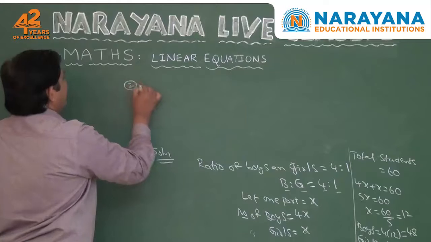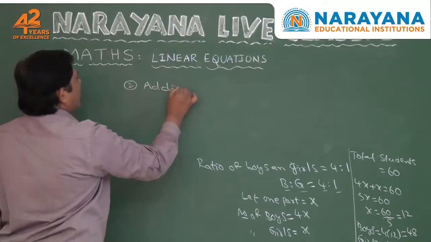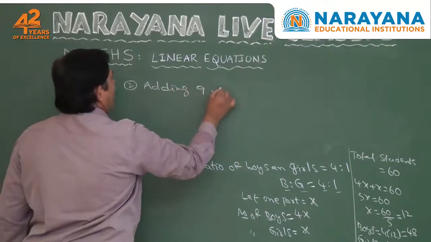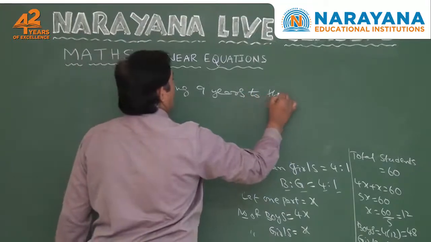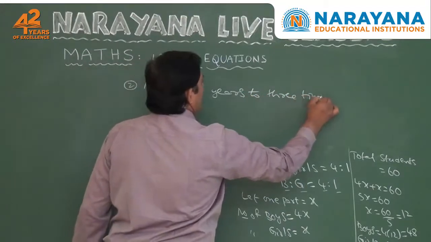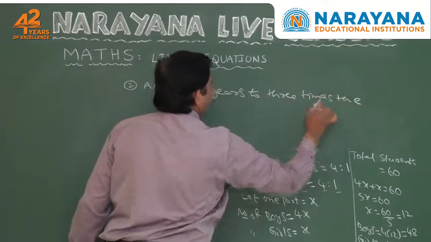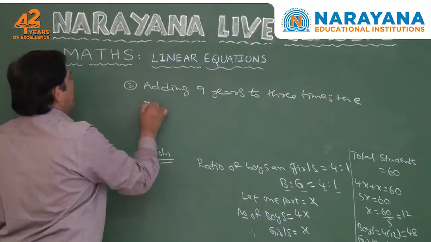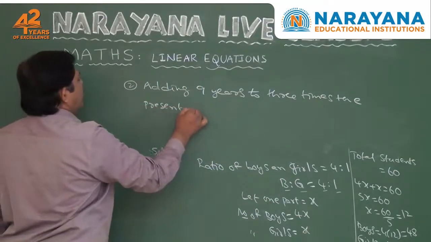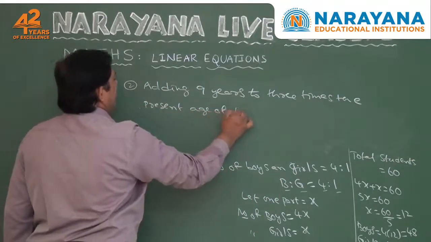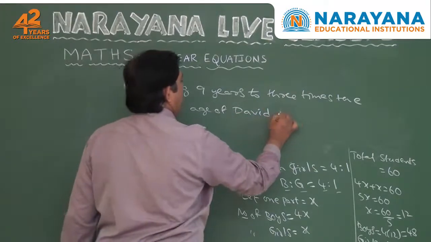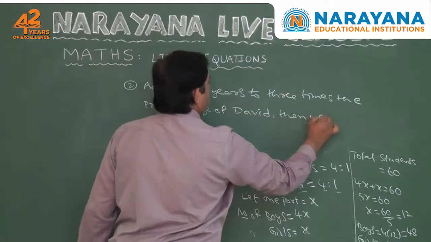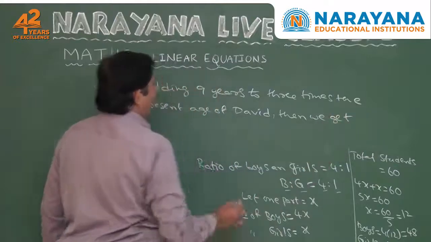Adding 9 years to 3 times the present age of David, then we get 45 years.